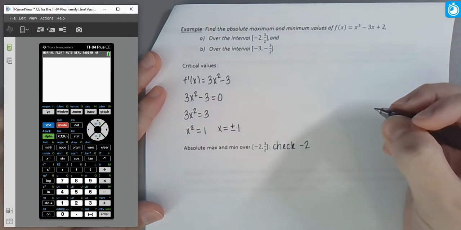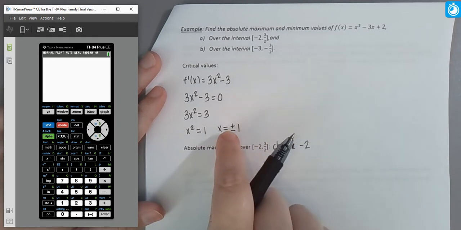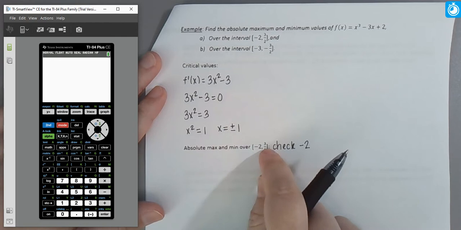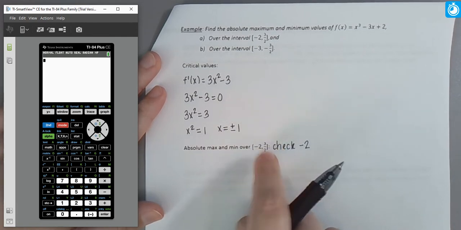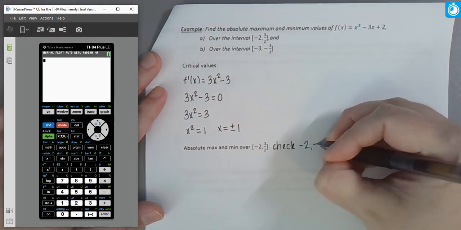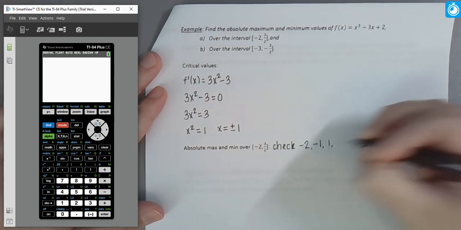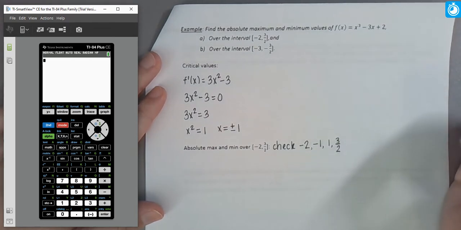And then we also need to check any critical values that occur on this interval. So -1 occurs in this interval. 3/2 is the same thing as 1.5. So notice that +1 will also be contained in this interval. So we need to check all of our critical values as well as both of our endpoints in this case.